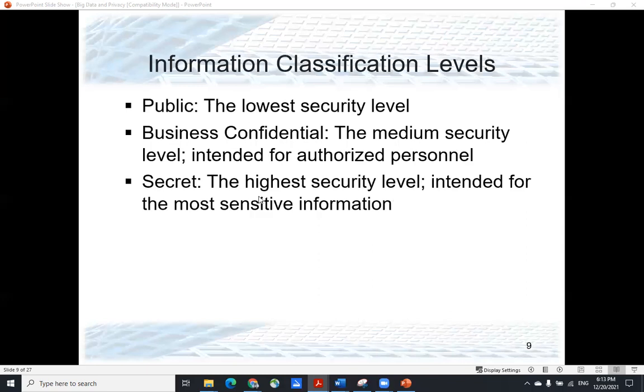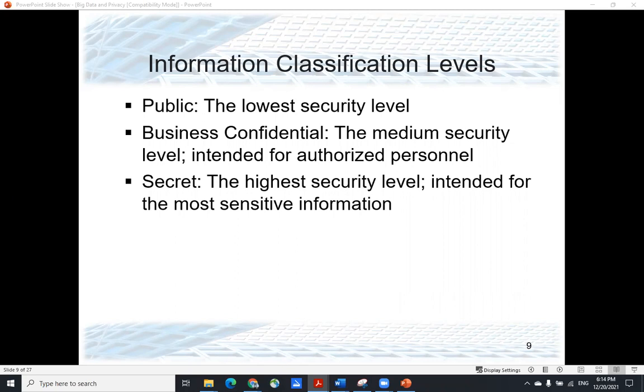So some of the information classification levels: you have public, which has the lowest security level. Public information is like your home address, that anybody could actually find online. Any other information like that might be public. Even your name could be public on a social media site, so that has the lowest security level.